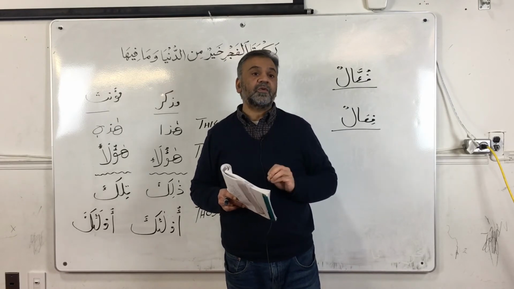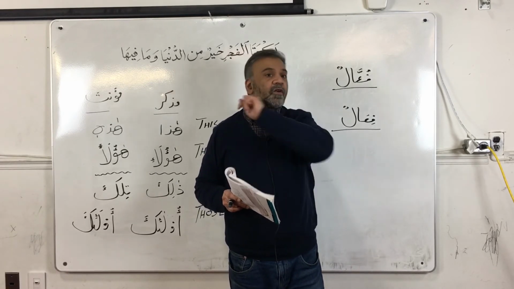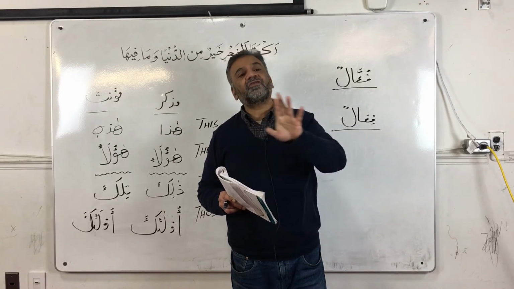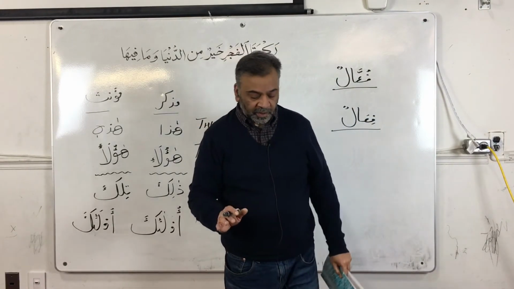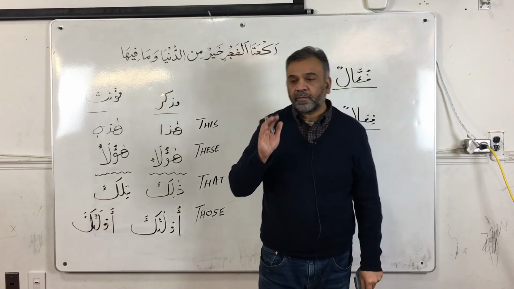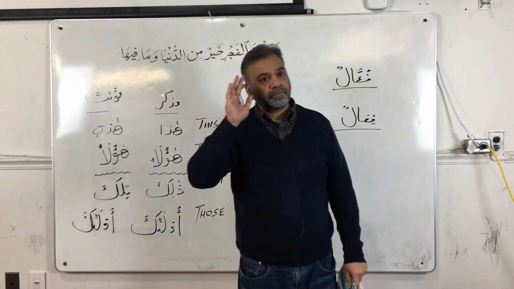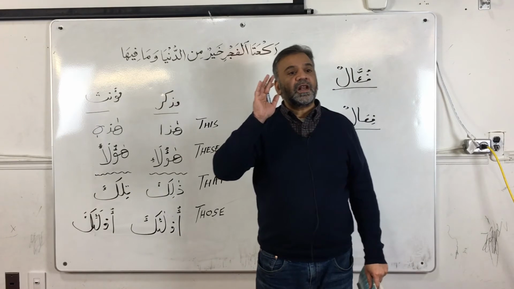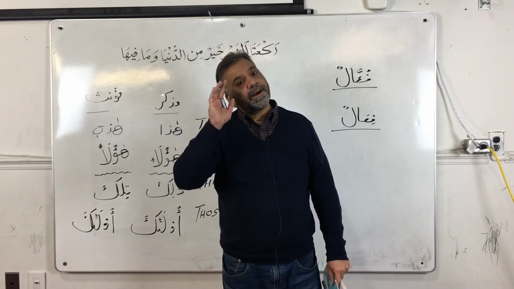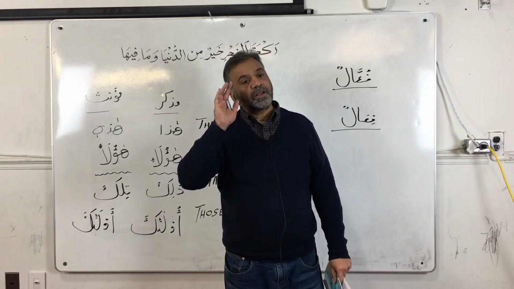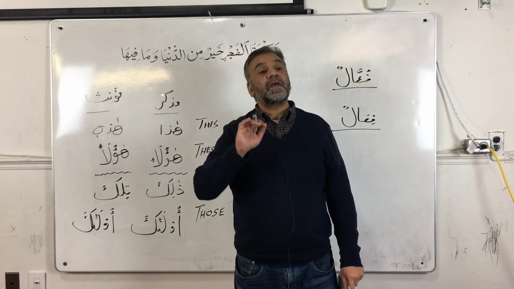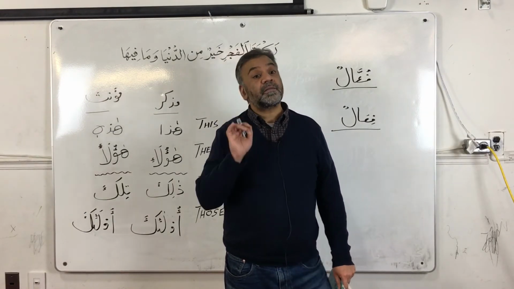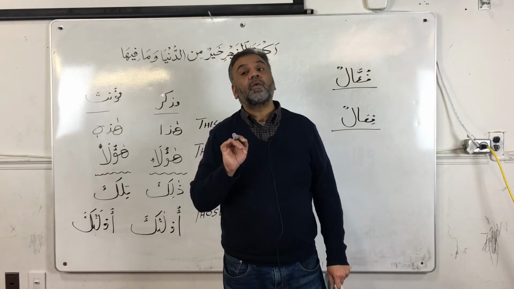Now in zahabu, where is the fa'il? Waw is the fa'il. Let's do the conjugation of zahaba so that we understand what I'm talking about. Zahaba. Where is the fa'il? Mustatir, hidden. Taqdiruhu huwa, its estimation is huwa. Then zahaba with the alif, right? Where is the fa'il?